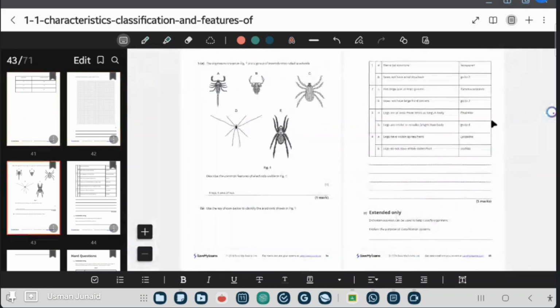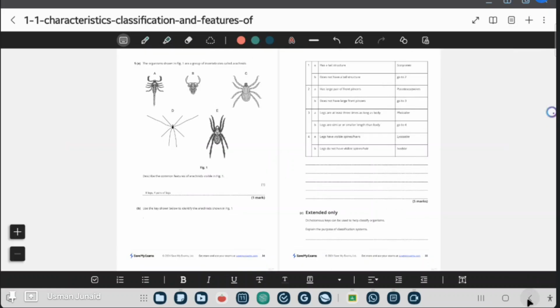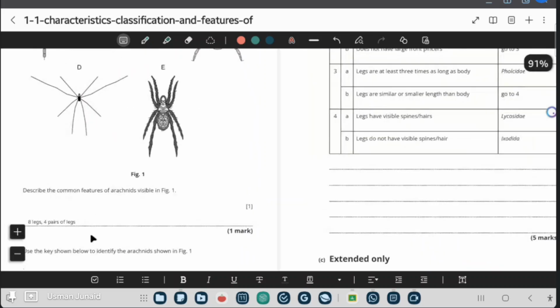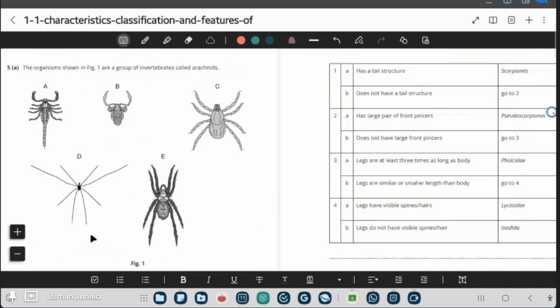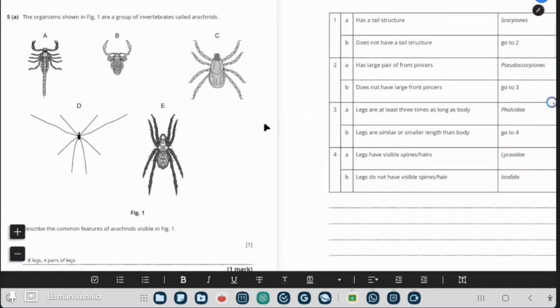So look at these and tell me if you can identify each of these by looking at these questions. Can you do that? So which one is A?